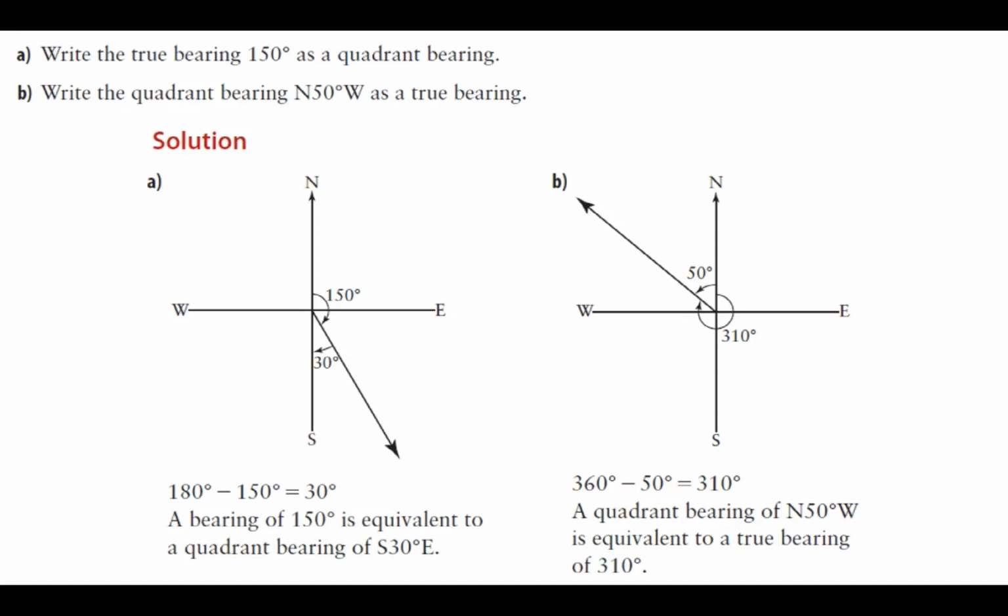I'll give you some time to have a look at the solution here. Any questions, just let me know, okay? So be sure that you are able to convert between a true bearing and a quadrant bearing.